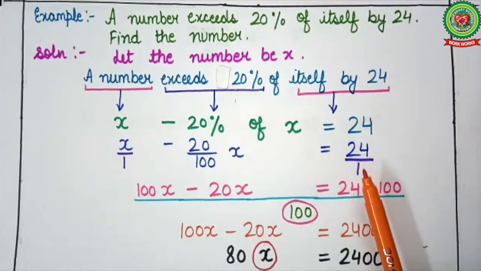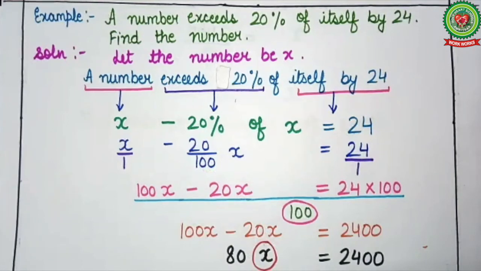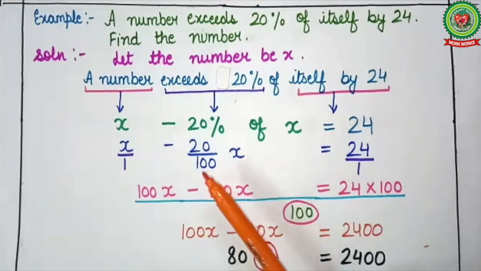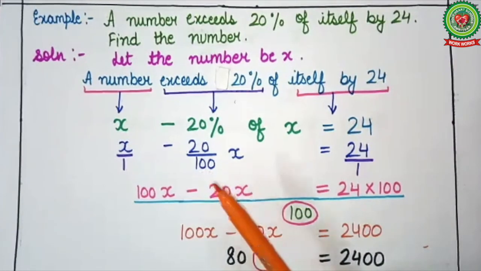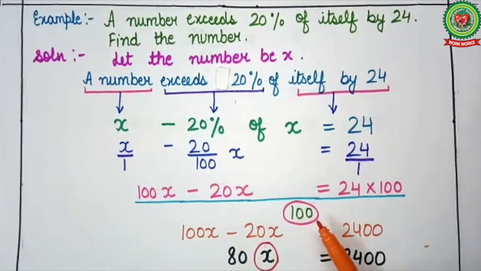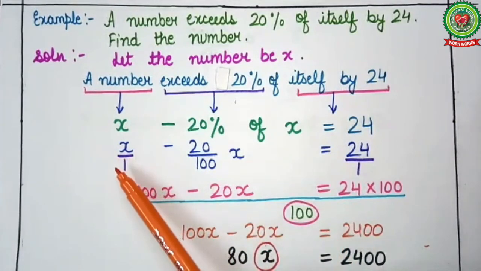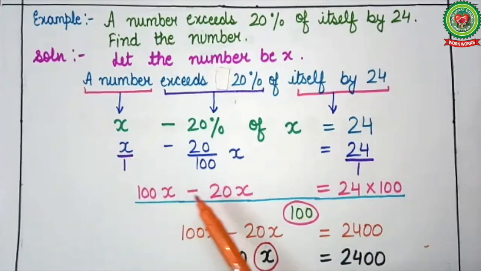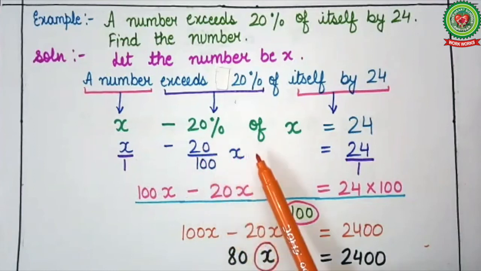Why have we changed these numbers into fractions? Because here we are having 20 upon 100 and we are going to take the common LCM. So with 1 we know the LCM is equal to the number. So here 100 will come as the LCM. So here we are having 1. So we will multiply x by 100 minus 20x.